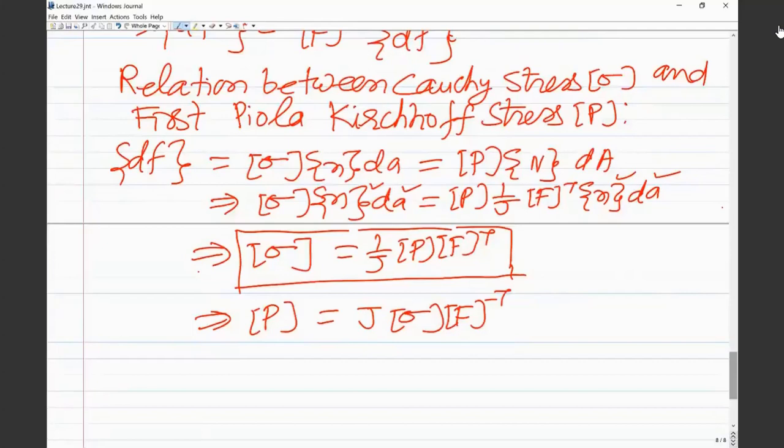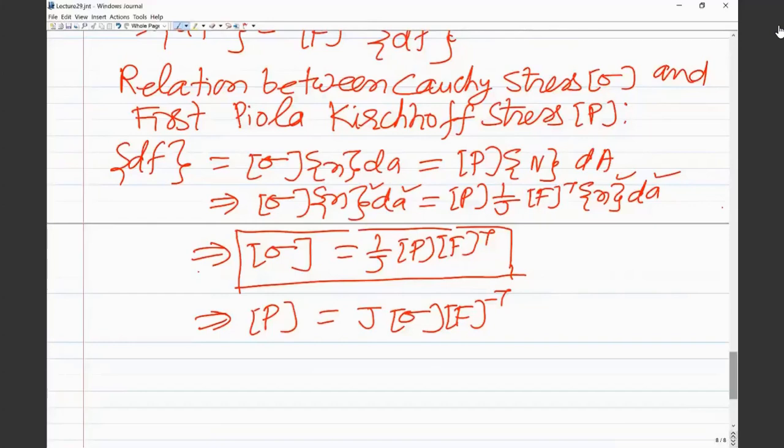Cauchy stress is of course the stress acting in the current configuration. The first Piola-Kirchhoff stress we can say is a kind of stress acting in the reference configuration, because we are taking the current force divided by the reference area. So it is kind of force per unit reference area. For the second Piola-Kirchhoff stress, the force is also taken in the reference configuration, and the area is also taken in the reference configuration.